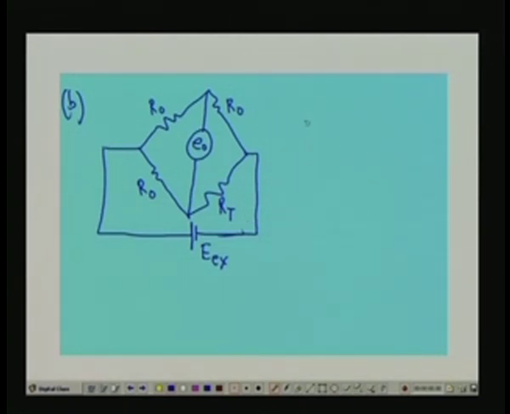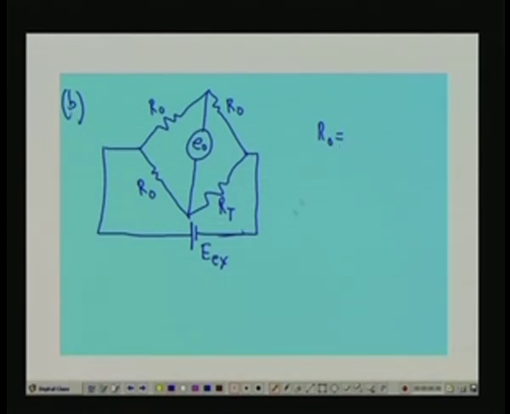Now, in this scheme all the resistances are made equal to the thermistor resistance R0 at temperature T0.